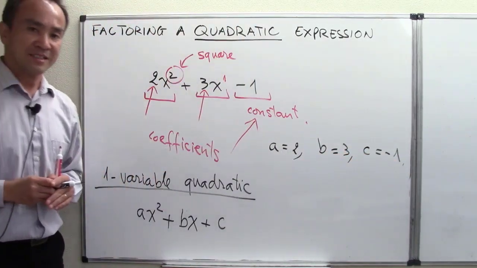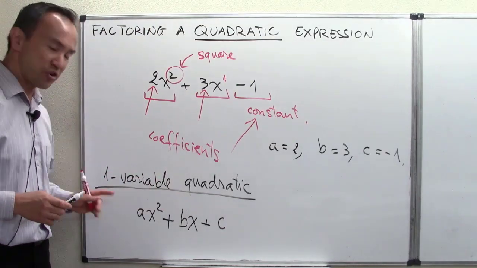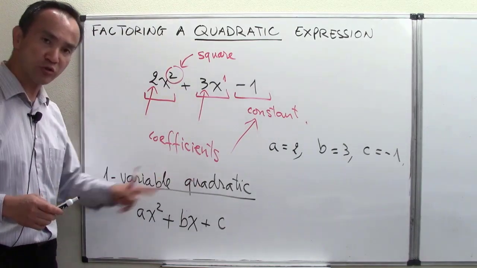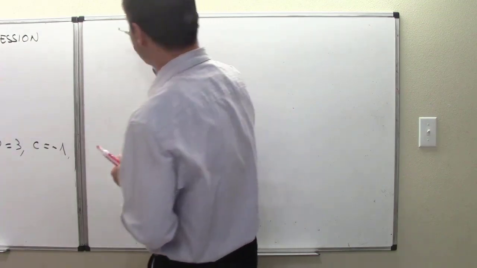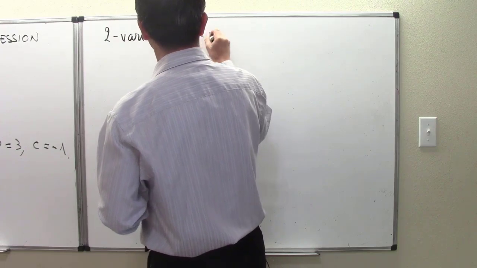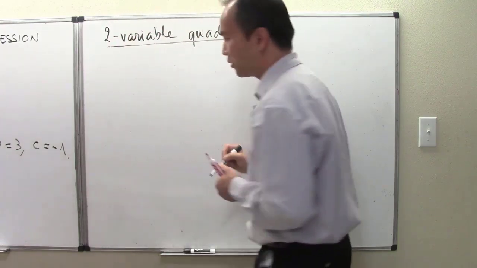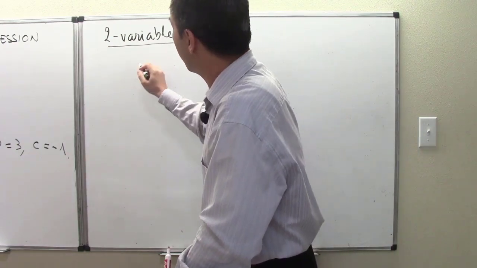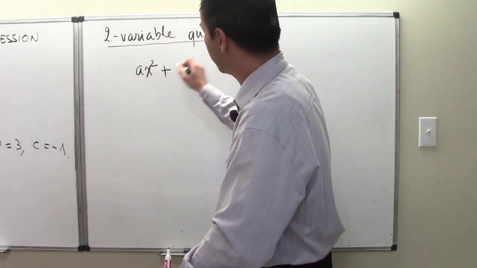A more advanced form of a quadratic expression, beyond the one variable quadratic expression I brought up here, is the two variable quadratic, which we will sometimes work with. The two variable quadratic goes like this. We have an a x squared term, and then there's a middle term.